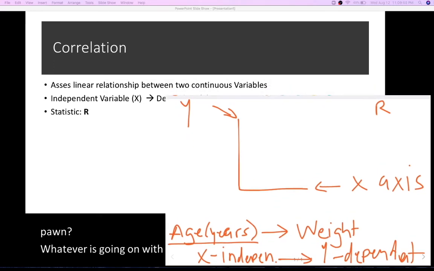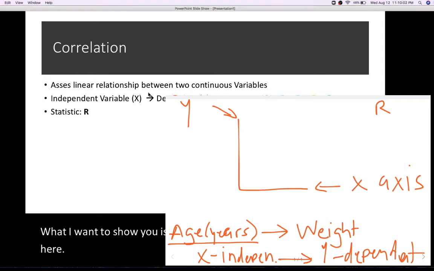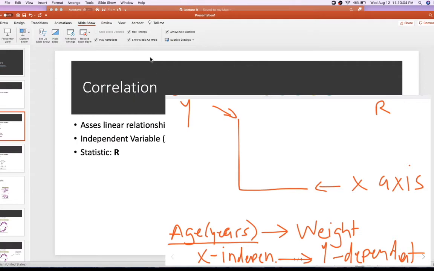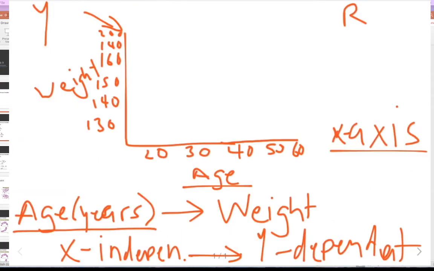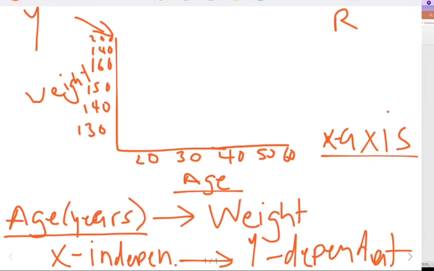So what I want to show you is, let's say I put some hypothetical ages here. Okay, so we have these weights here. Let me make this bigger so you guys can see.